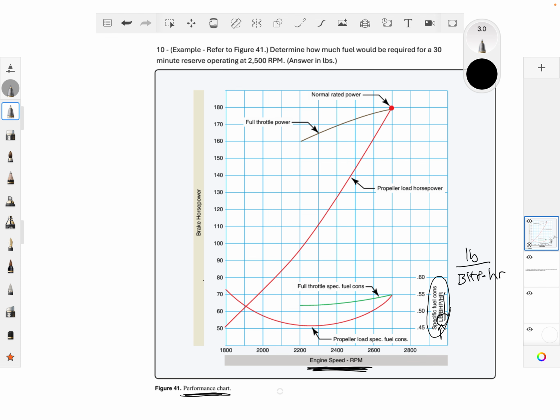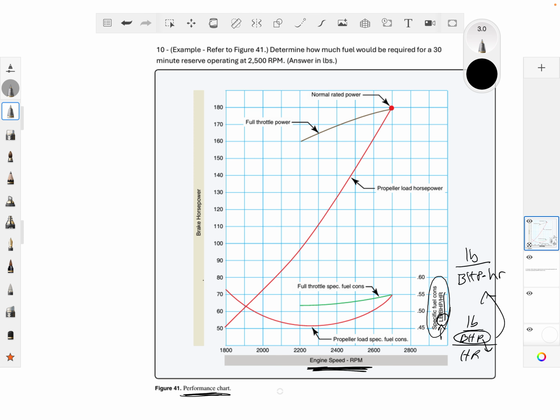So that does work out. It's really going to be pounds over brake horsepower per hour, and that being the case, this brake horsepower would drop down. That's where this is coming from if you're just doing the algebra portion of it. But if you can just do that, it'll make this problem a lot easier. So let's just read the problem first.